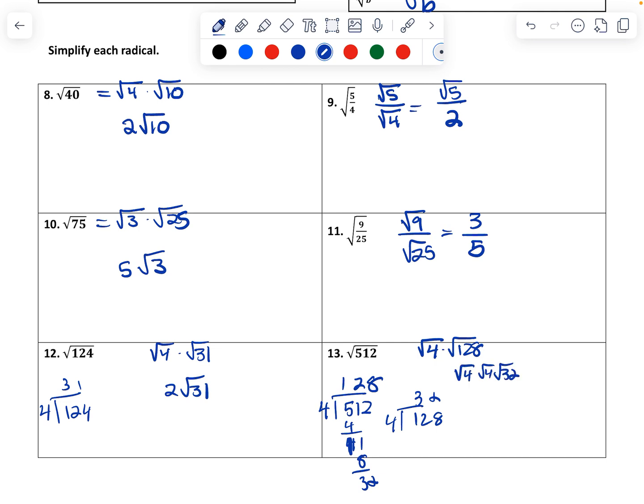That's 8 times 4, square root of 4, square root of 4, square root of 4, square root of 8. 8 is 4 times 4. So 2 times 2 is 4, times 2 is 8, times 2 is 16. So it simplifies to 16 square root of 2.